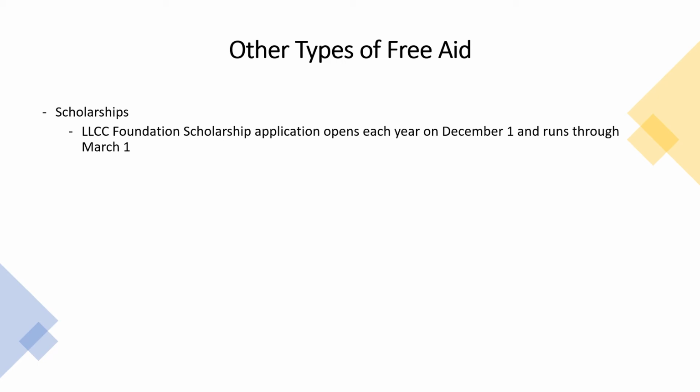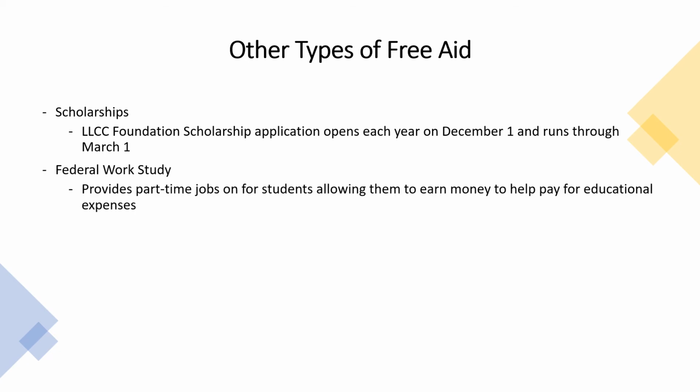Federal work study also allows students to work part-time on campus to earn money to help them pay for their schooling expenses. So you would be working a job on campus and using the money you earn to pay for educational expenses.